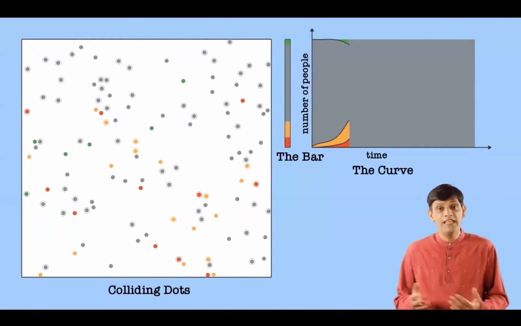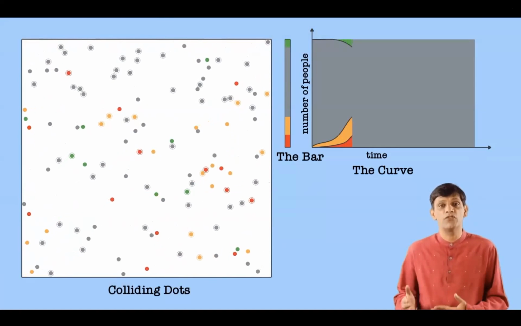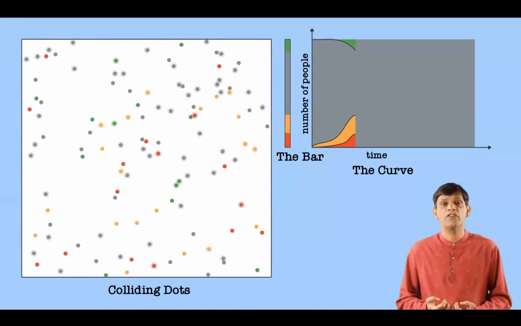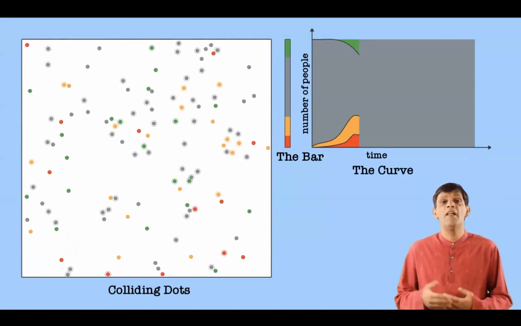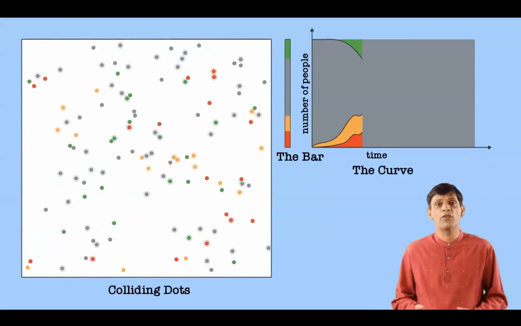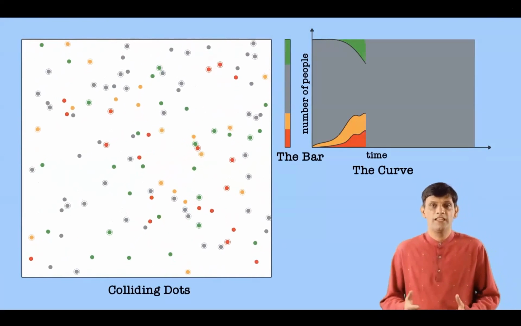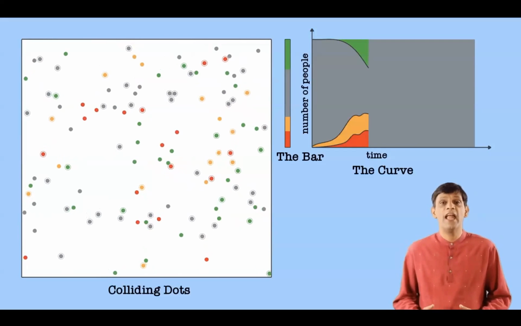Okay, all right. So here, this is a colliding dot animation. Each dot represents an individual. The gray dots are people who are susceptible, who are not infected but can get infected. The yellow dots are people who are infected but not showing any symptoms, so these are asymptomatic people.